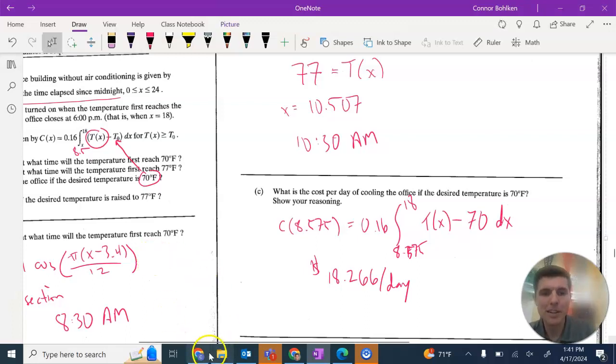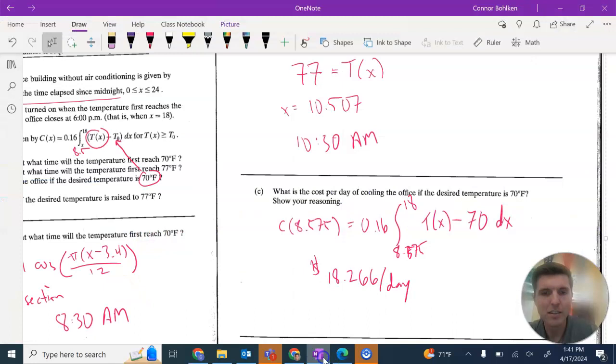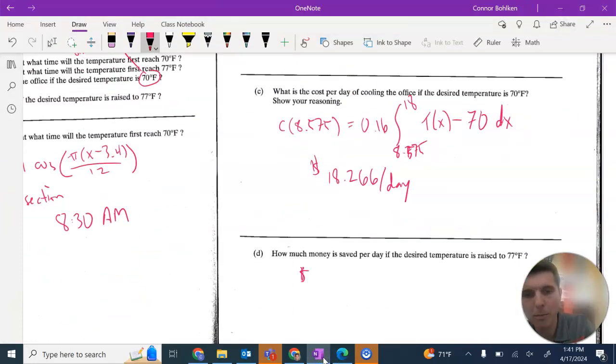Part D is a little bit different. We have to just change two things. We have to change our lower limit because the AC is going to kick on a little bit later, and we have to change our desired temperature. So this is now 8.788. I'm not going to write that whole thing out, but here's the cost per day. But that doesn't answer the question because the question says how much money is saved.